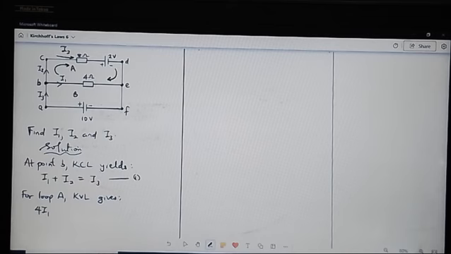So we say minus 8I2, since they are in the same direction, is equal to minus, because we are now coming out from the negative terminal, so we say minus 12 equal to 0. That is 4I1 minus 8I2 is equal to 12. Call this equation 2.